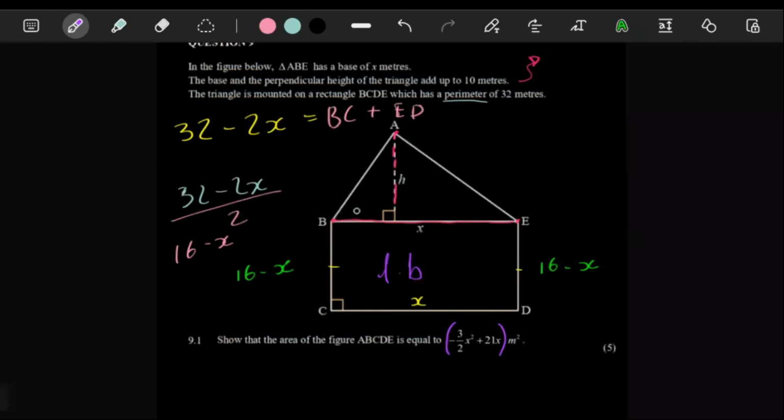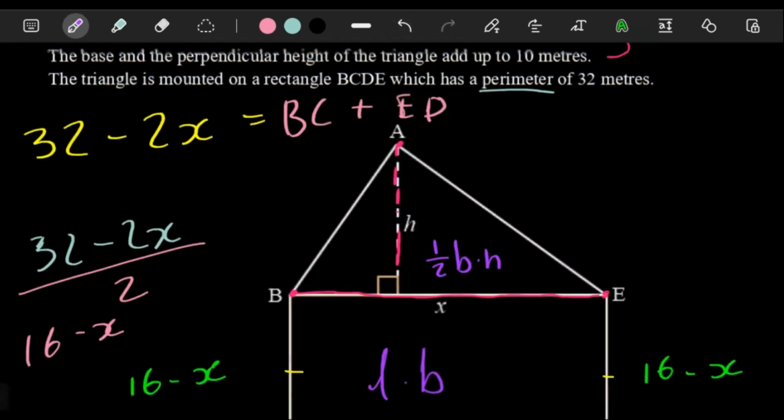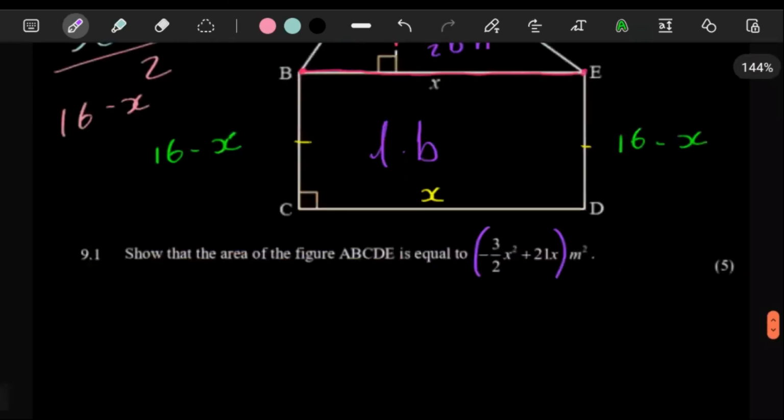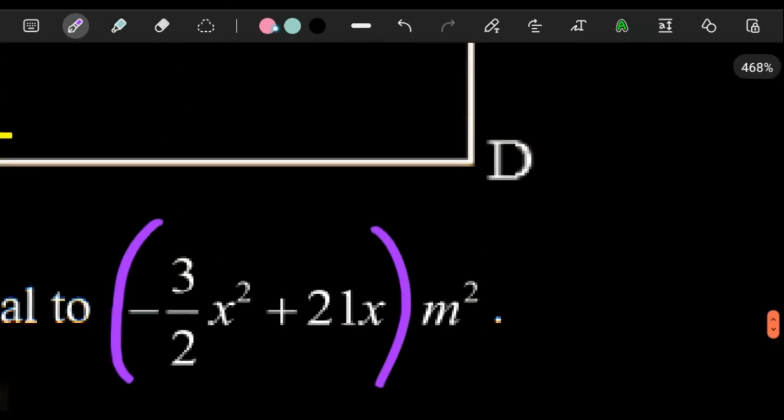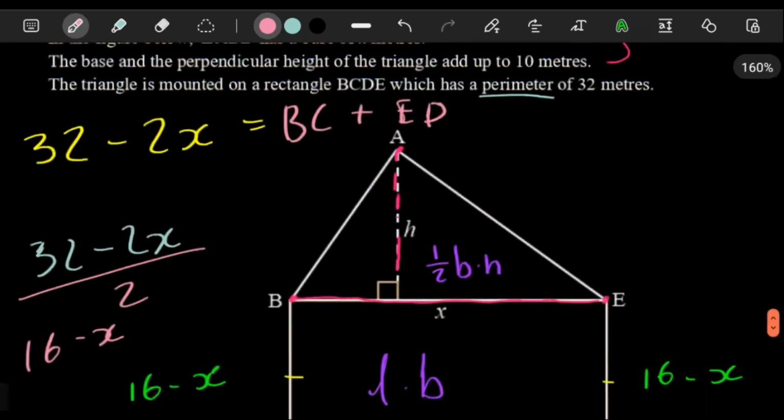Now for the top shape here, the area of our triangle, we already know it's half base times height. Now the issue is our expression here only has x as the only variable. So whatever we're going to do, we need to make sure that the only variables in our values have x in them.